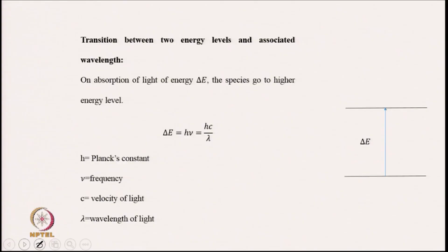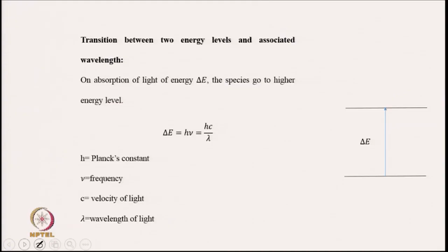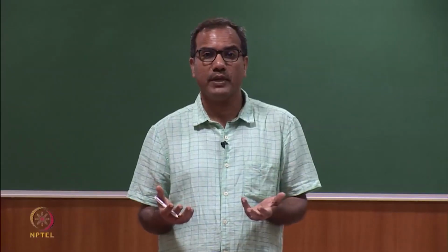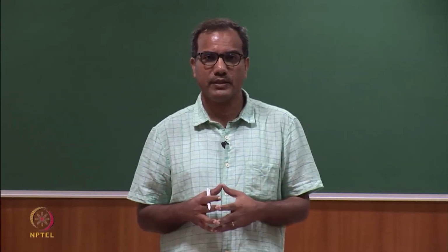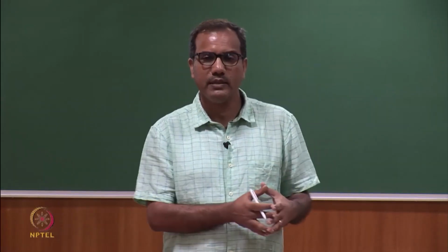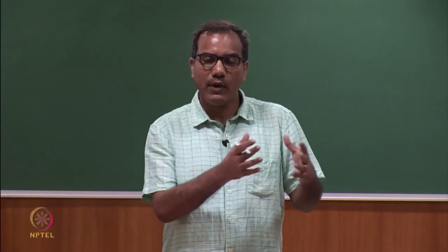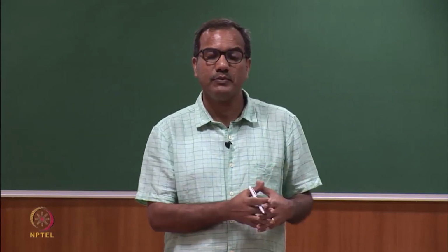So, based on the explanation for black body radiation and molar heat capacity, and also the discrete spectrum observed in the case of atoms, we arrived at the concept of quantization of energy. In black body radiation, we saw how we can explain the ultraviolet catastrophe by taking discrete values of energy.